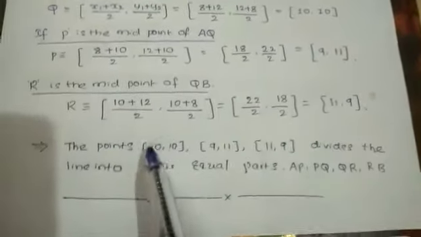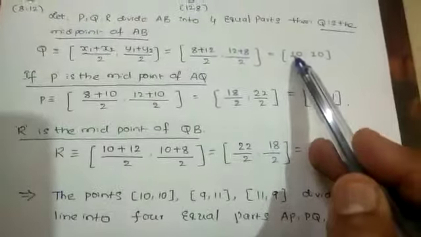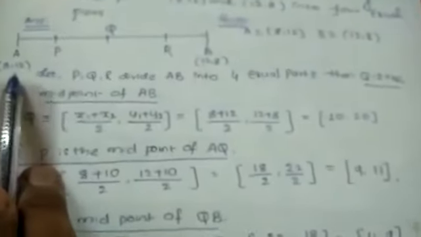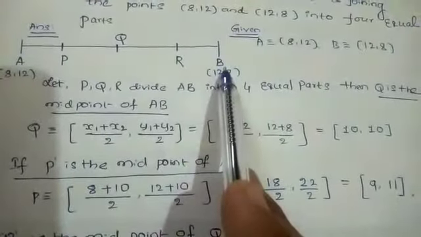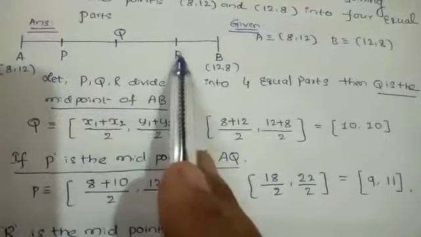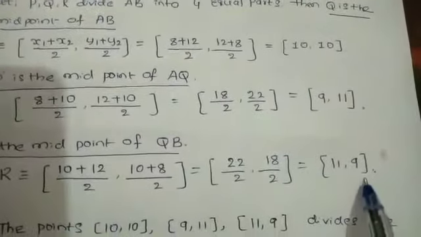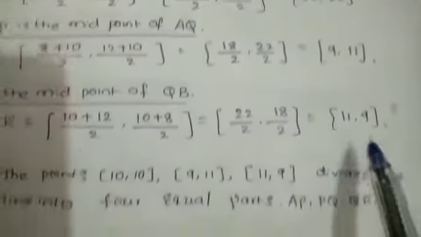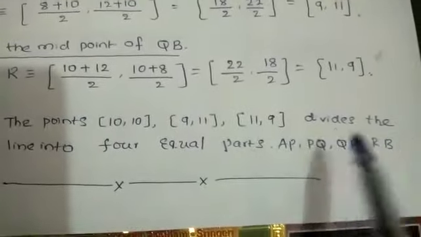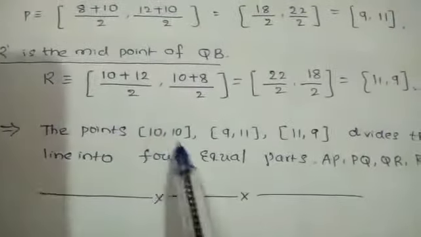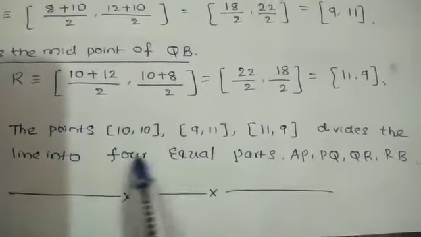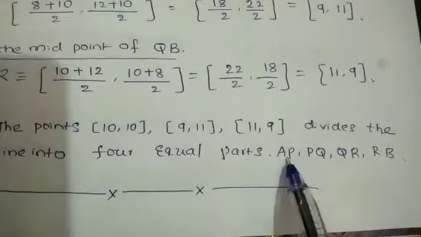Therefore, two points are already given, A and B, and we have found the three points as (10, 10), (9, 11) and (11, 9). These points divide the line into four equal parts, that is AP, PQ, QR and RB.